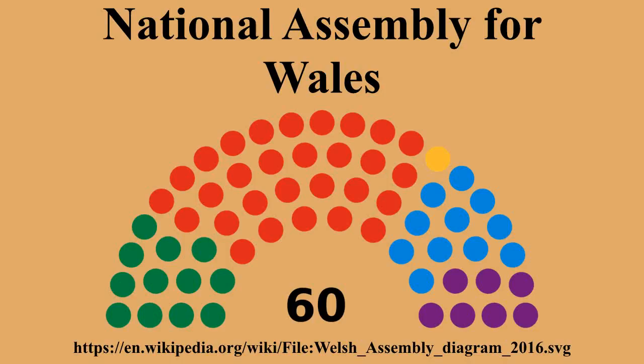Overall proportionality is limited by the low proportion of list members and the regionalization of the list element. Consequently, the Assembly as a whole has a greater degree of proportionality than the plurality voting system used for British parliamentary elections, but still deviates somewhat from proportionality.